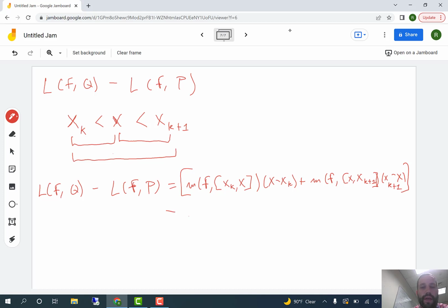This is going to be minus the minimum of f over the set [x_k, x_{k+1}].